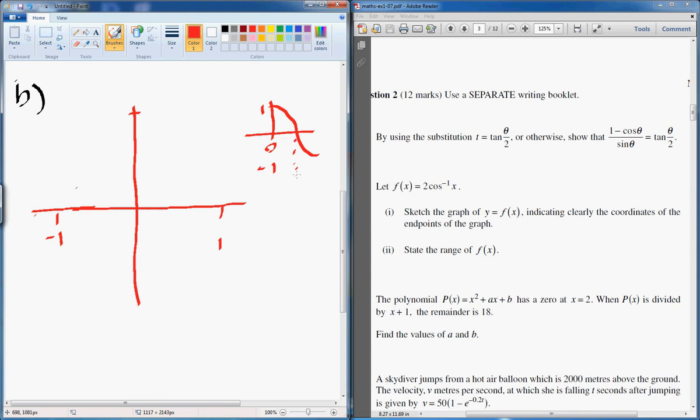That's pi on 2. Now, what was I saying? So at 1, this value was 0. Okay, so that's why I have a point over there. And when it's 0, it's pi on 2. And when it's minus 1, it's pi.